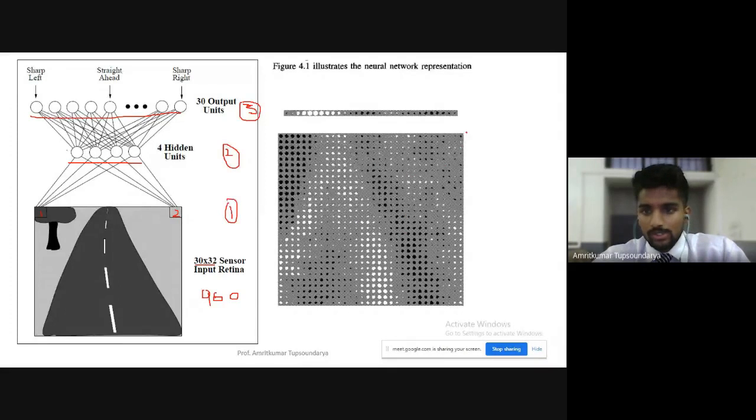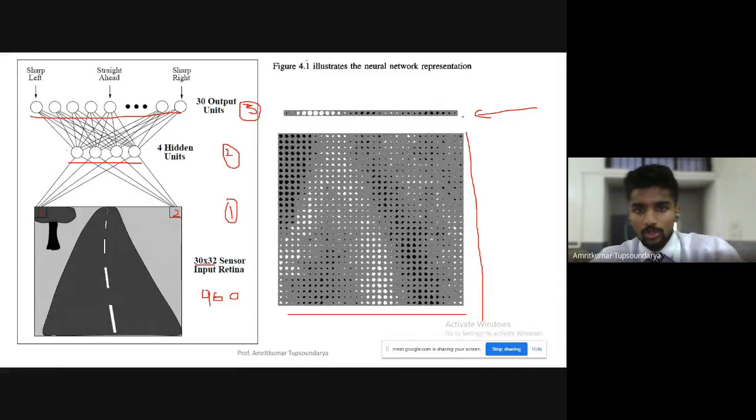This diagram is the weight magnitude representation of the whole initial image. What you see here is a small strip, a stretched rectangular figure, with one line of dots in which a few are white and a few are black. So you can clearly make out that, according to the ALVINN system, it is slightly recommending a left turn.